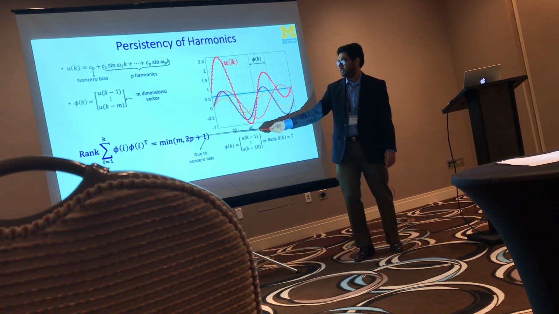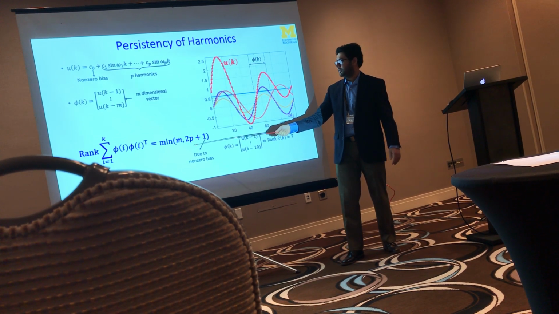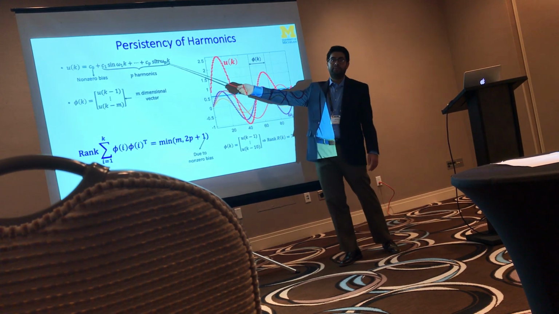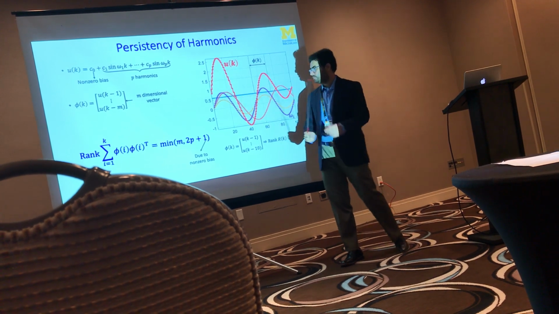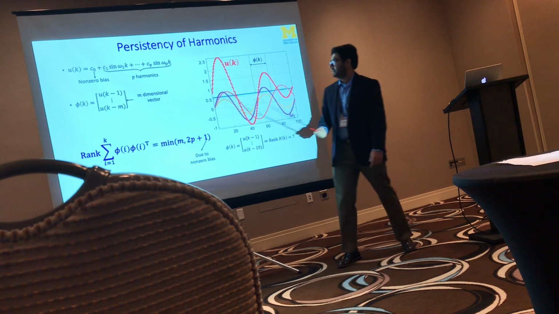So it's either going to be full rank, or its rank is going to be decided by the number of frequencies that were carried in the signal u. This one is actually coming from the non-zero bias value.